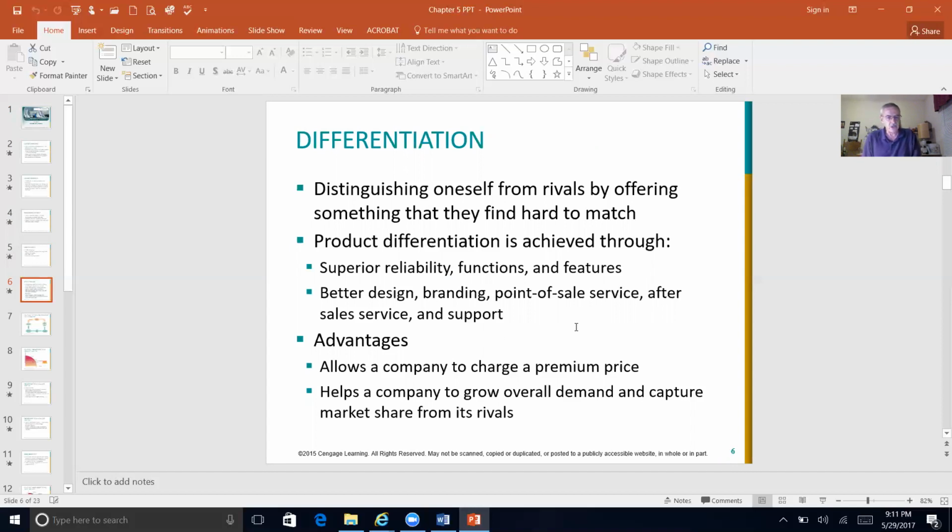Luxury automobiles, premium price. And the second thing it can do is help the company grow overall demand and capture market share from its rivals. So low cost and differentiation are two key components when it comes to creating value for its customers and hopefully increasing demand, and lowering costs equates to more profitability.